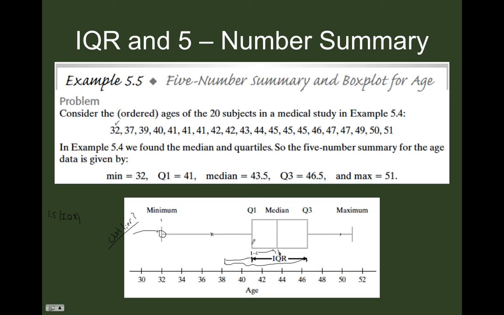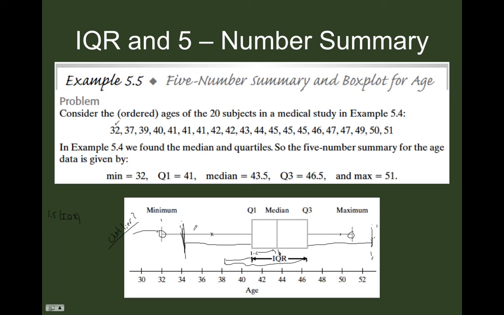I'm going to eyeball it. If I go that 1.5 IQR distance, there would be a cutoff point right here. And if I do the same thing on this side, roughly the same distance, notice there are no data values beyond that cutoff point.